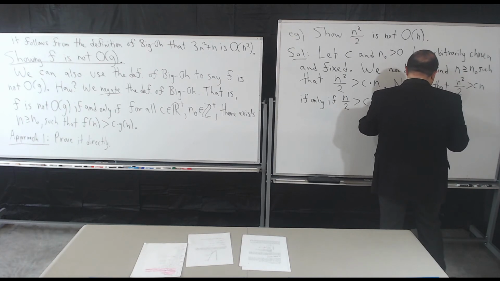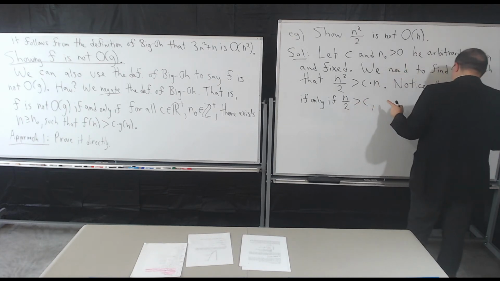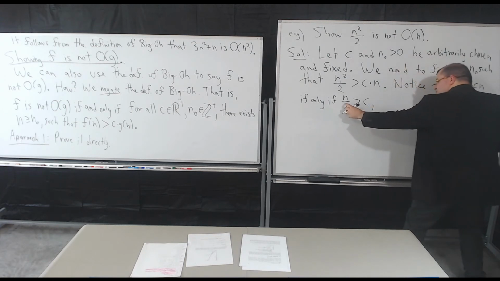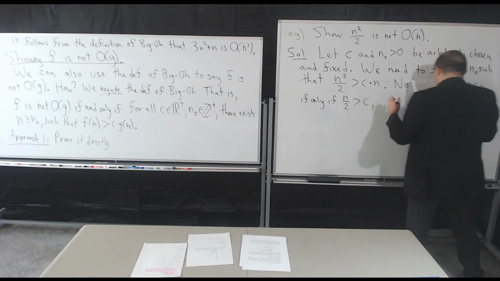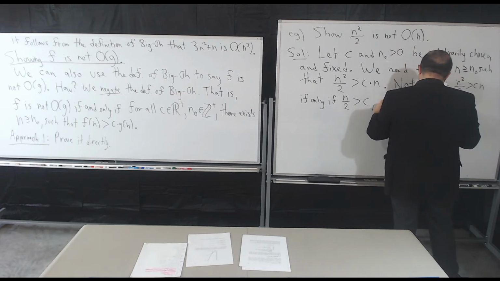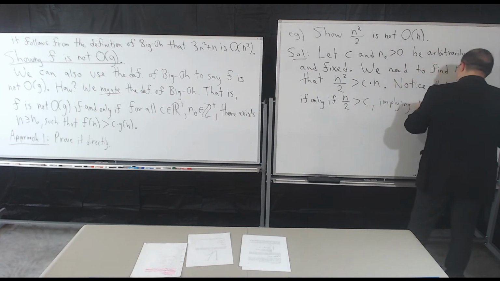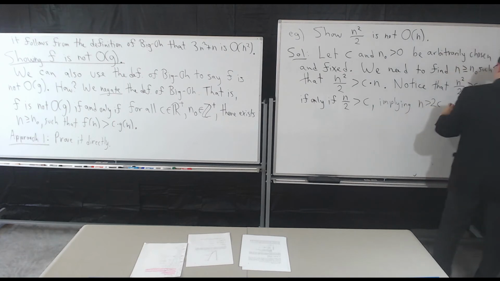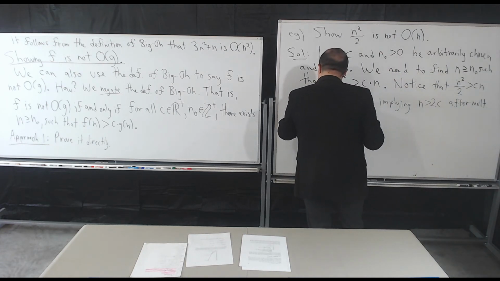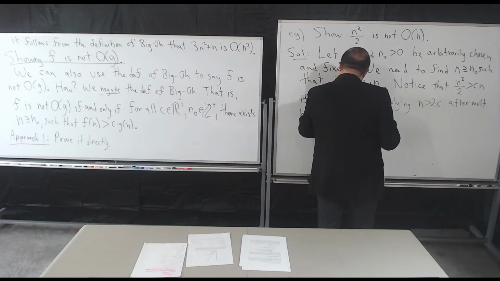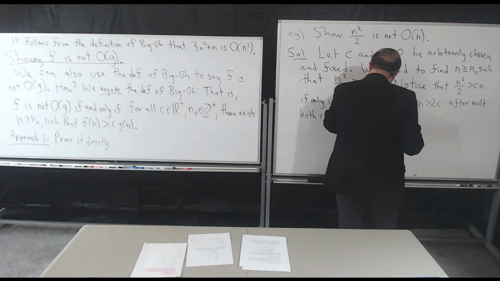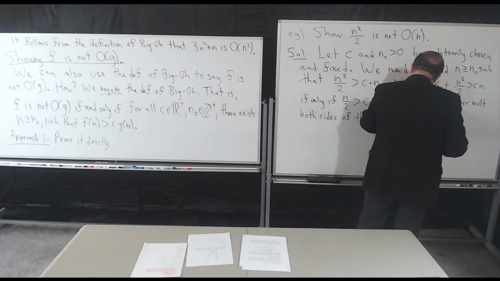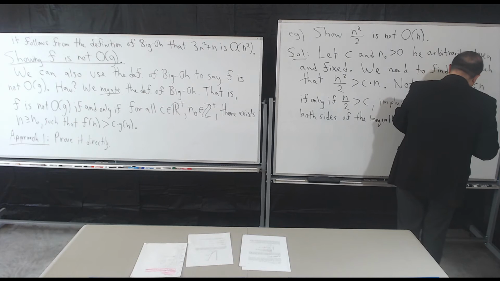Which I can do. Okay. So I have this to play around with. So now all I have to do is just move this 2 up here by multiplying by 2 on both sides, implying n is greater than 2c after multiplying both sides of the inequality by 2.